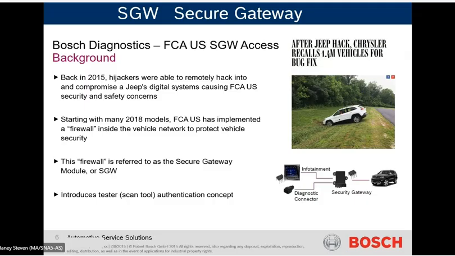It'll spin on the screen for a second and tell you that it's going through a secure gateway, and then it'll access it. But without the auto-auth program, you wouldn't be able to get in any Chryslers or any Stellantis vehicles at all. But again, I think your company has a copy of that, and I'll show you where that goes in the tool when we get to that point.